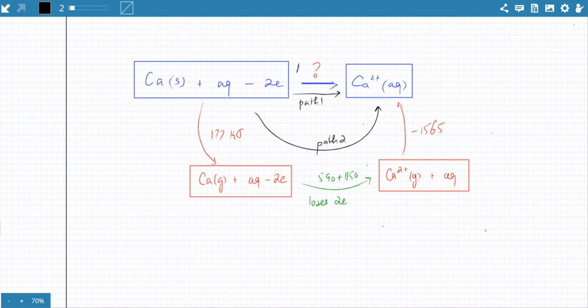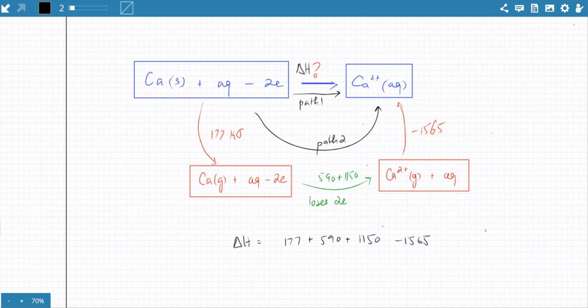So the enthalpy change for the reaction you were trying to figure out would be equal to this other path, which is 177 plus 590 plus 1150 minus 1565.